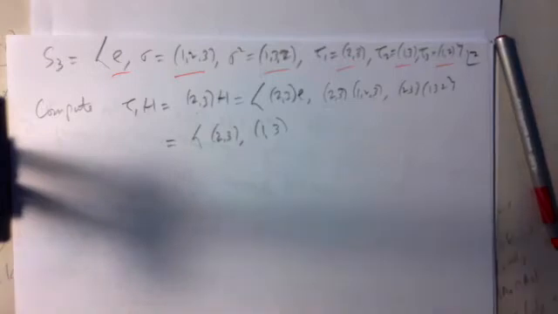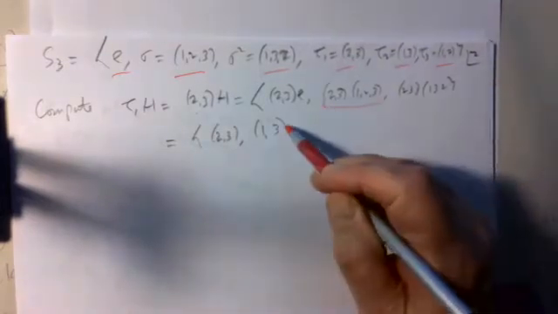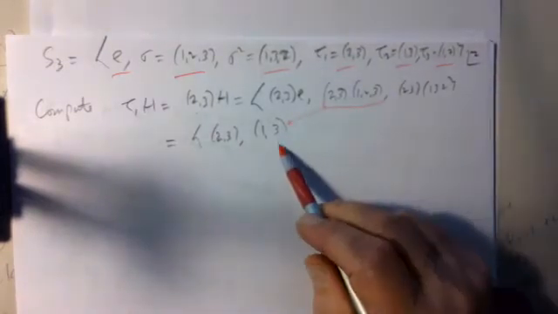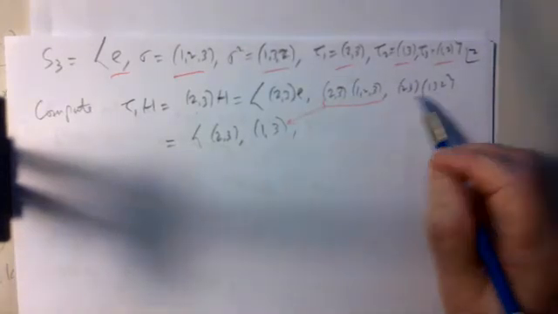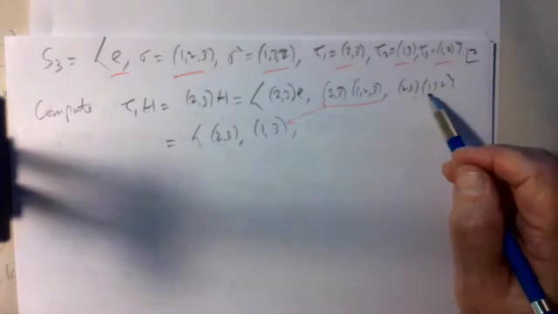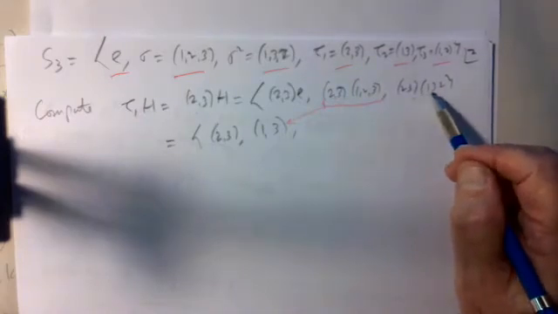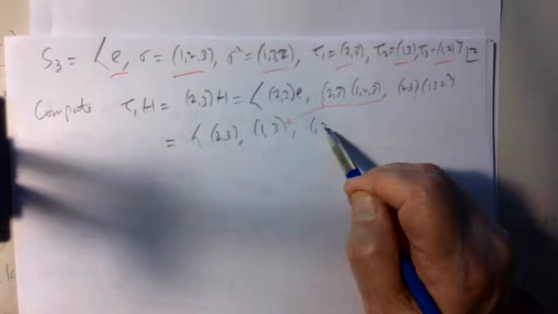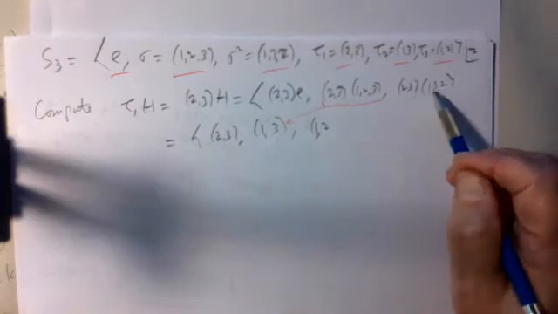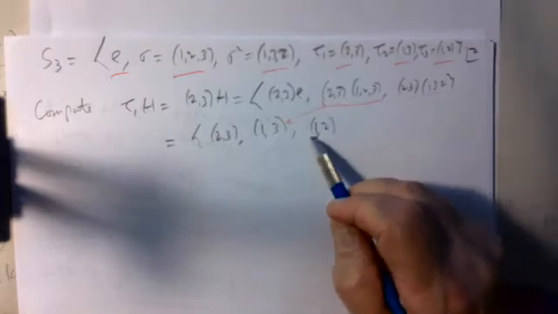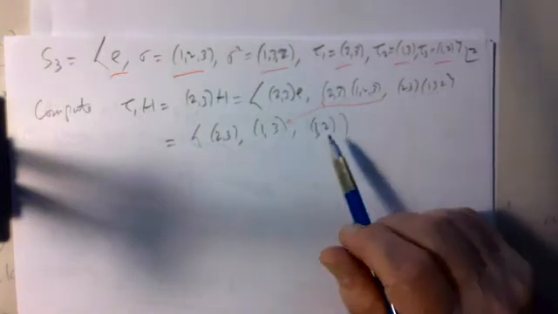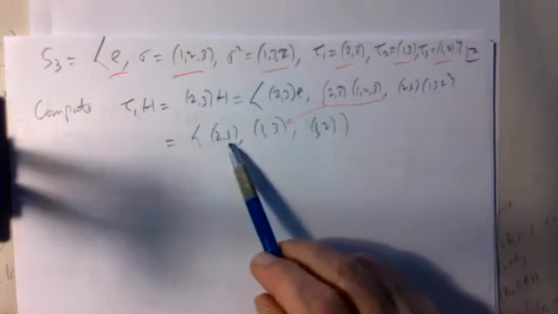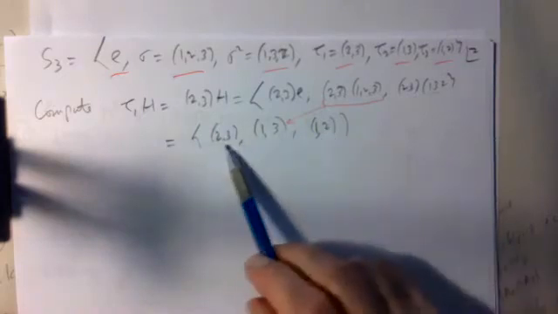So this is just the permutation (1 3). And what is this? In this, 1 goes to 3, goes to 2, so 1 goes to 2. 2 goes to 1, goes to 1, so 2 just goes to 1. 3 goes to 2, goes to 3. So tau 1 H consists of these three transpositions.